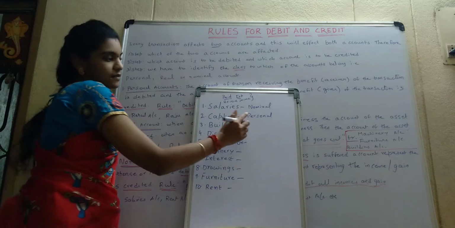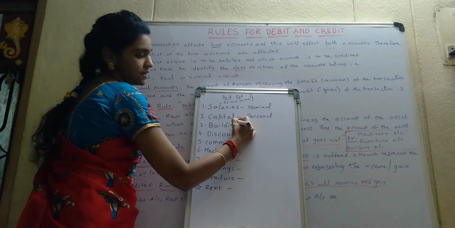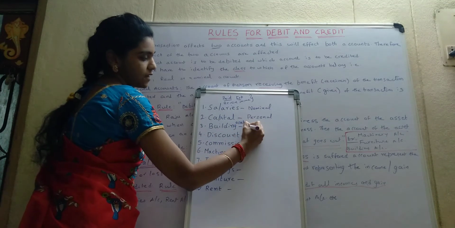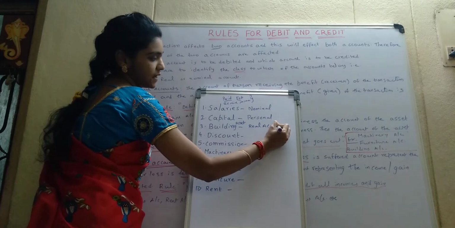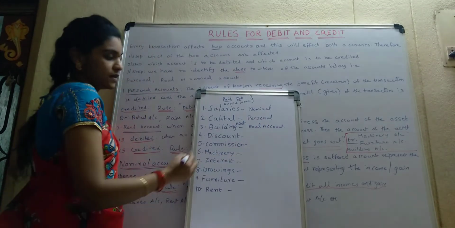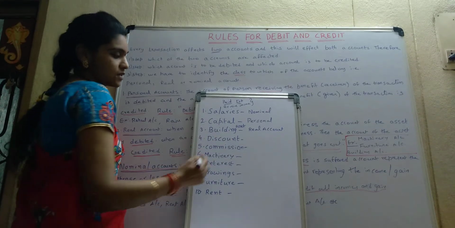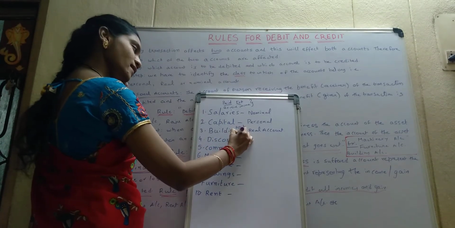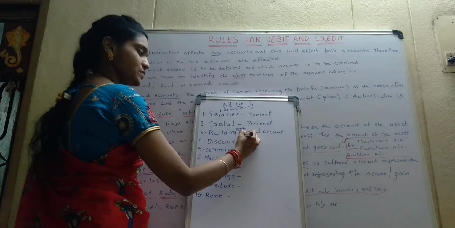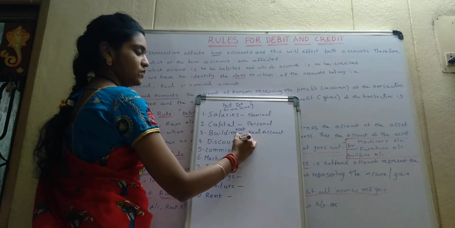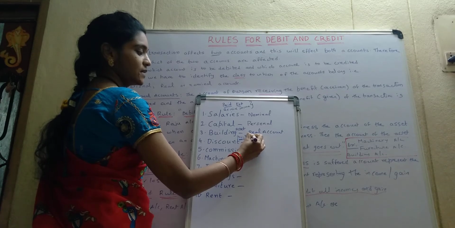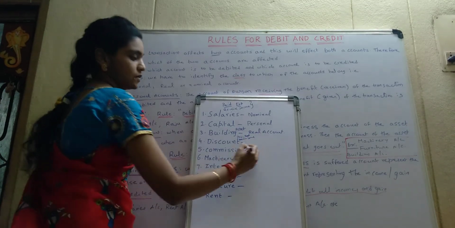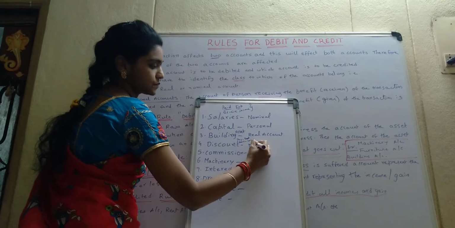Building is an asset, so it comes under real account. Discount, even discount is like that only. If you pay, it is an expense. If you receive, it is income. Expenses or income come under nominal.